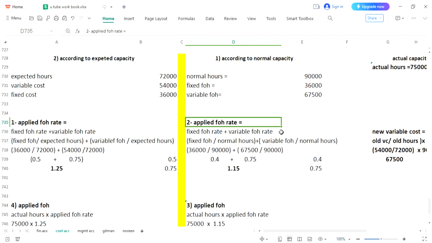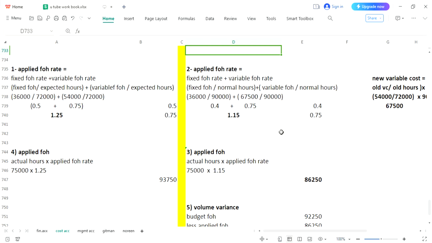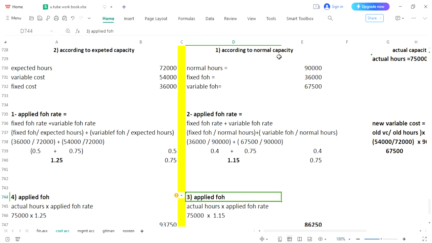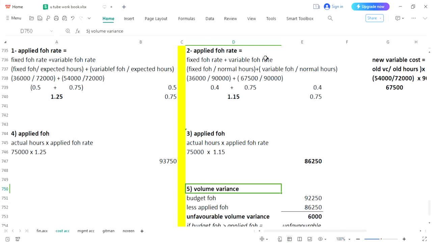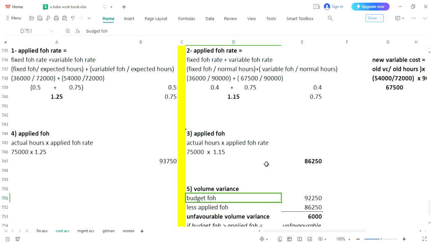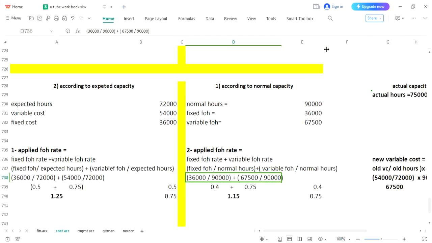Sometimes typographical mistakes are also possible in the books as well. This side is completed. Normal capacity, you can see here, the first heading was normal capacity. We have calculated applied FH rate, applied FH, volume variance, and budget FH, all according to normal capacity.